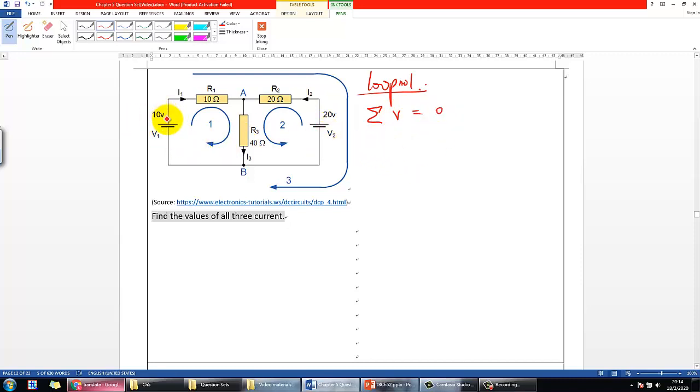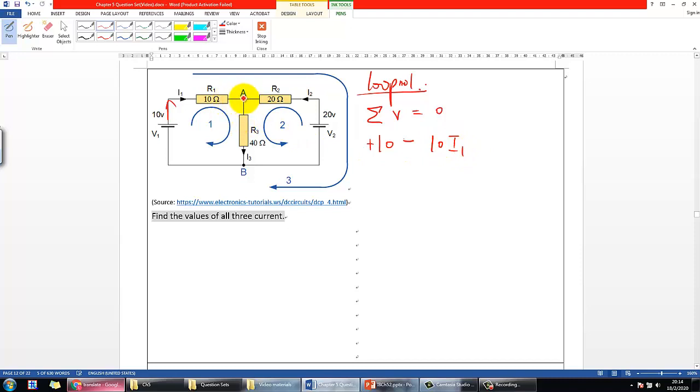Initially, coming out of the battery, we have positive 10. I put positive to remind myself that it is really positive. Then you pass through a resistor R1, which is 10 ohm, so 10 times I1, again V equals IR.